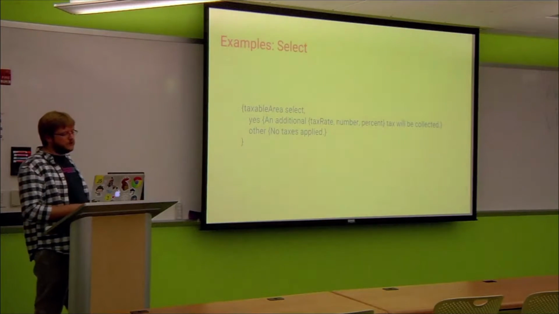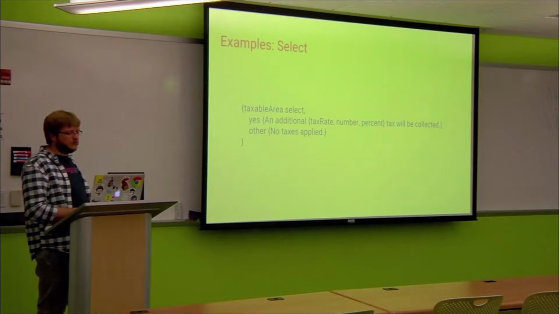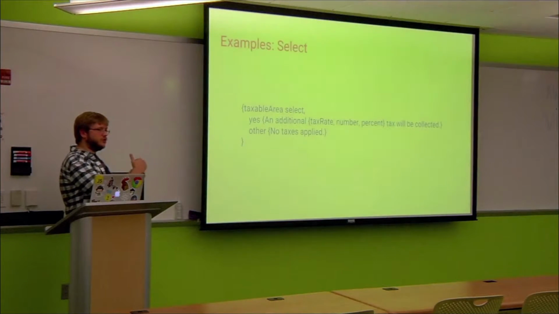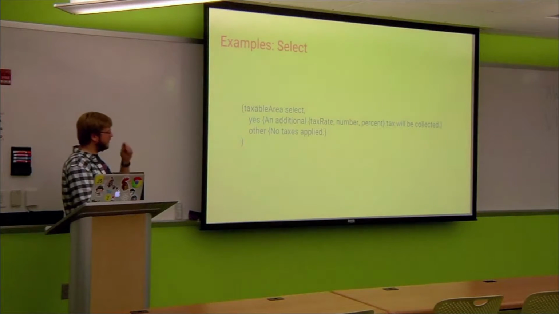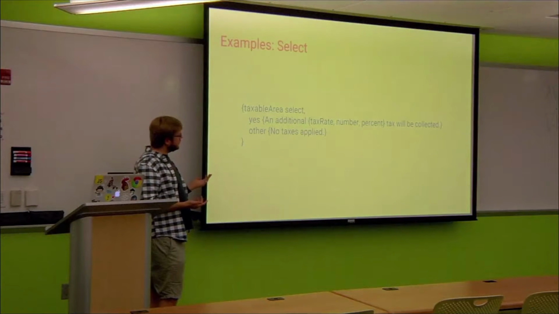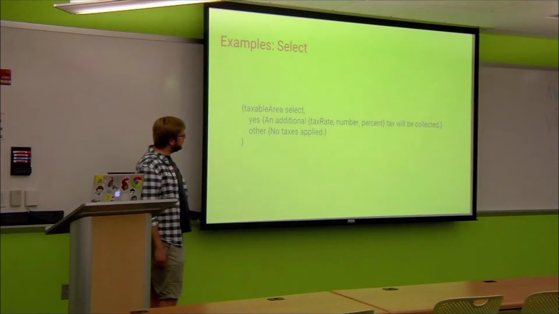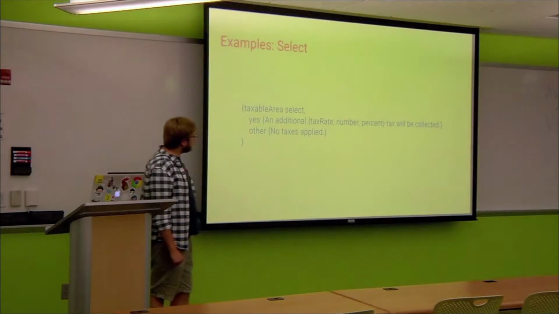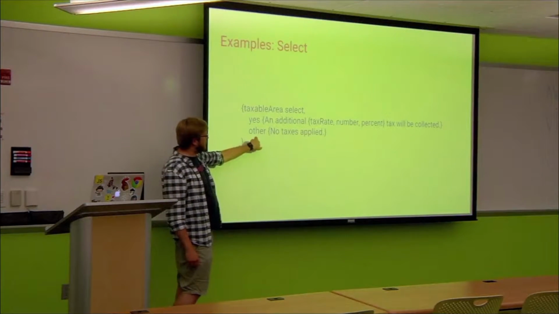And now there's a few more advanced ones. So select. With select, you get to choose between different cases. This example is a particularly non-exhaustive one, because I just have yes and no, but you could imagine any number of cases here. And other is your placeholder.